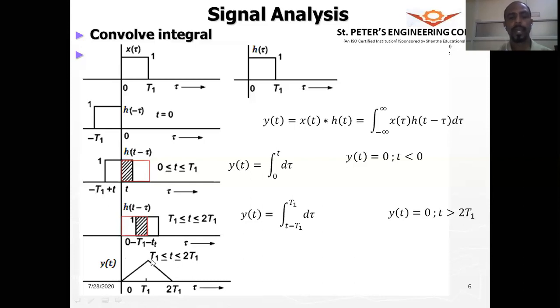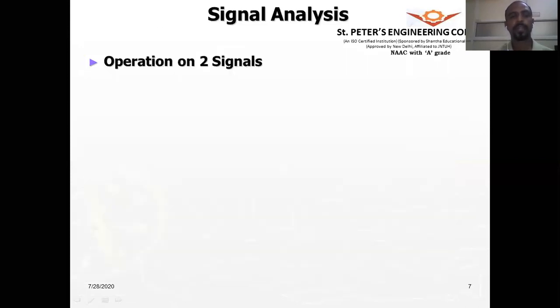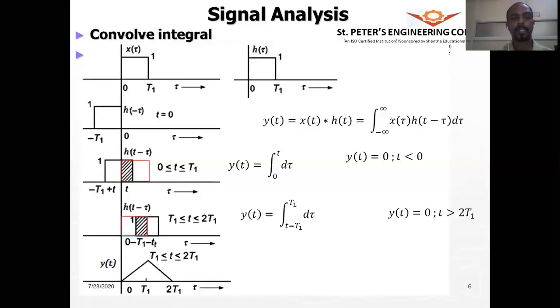And what will be the final value of this ramp? That depends, so it will be equal to 1. So it reaches the value here. This is the output y of t. So far we have seen the convolution, and before we conclude, we have taken three different examples.